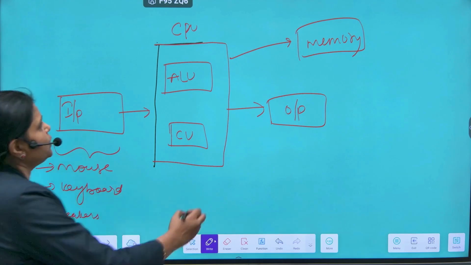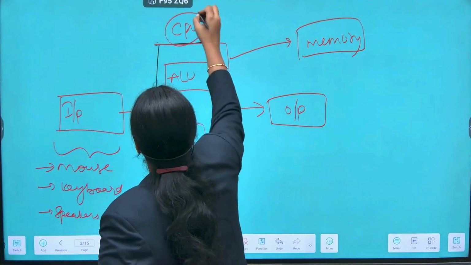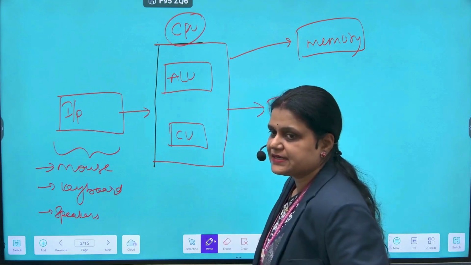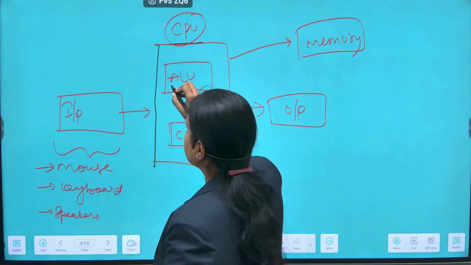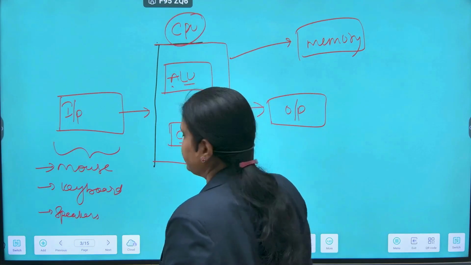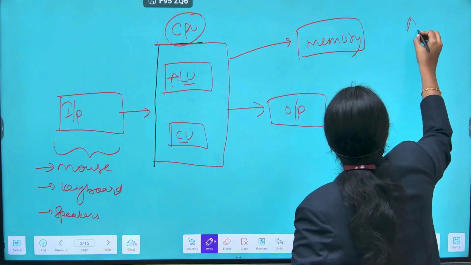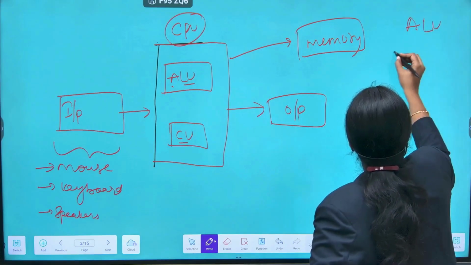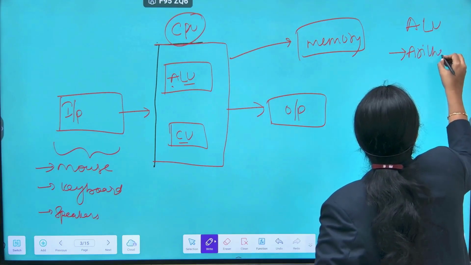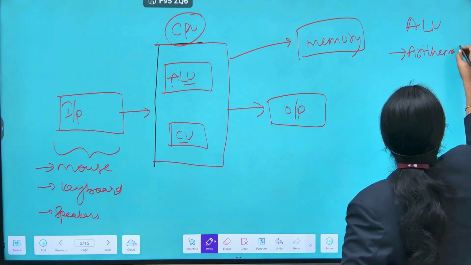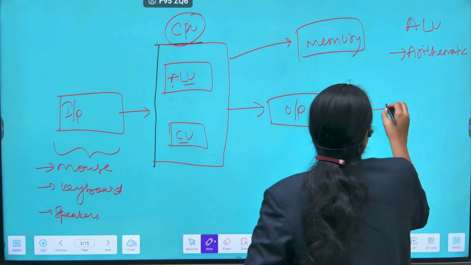Coming to the CPU, it is the central processing unit. It is the heart of the computer. It consists of the arithmetic logical unit and the control unit. So what is the arithmetic logical unit? The name itself says that it performs arithmetic operations as well as logical operations.